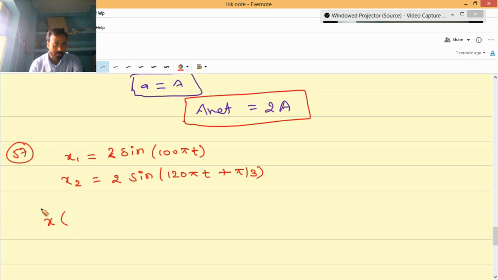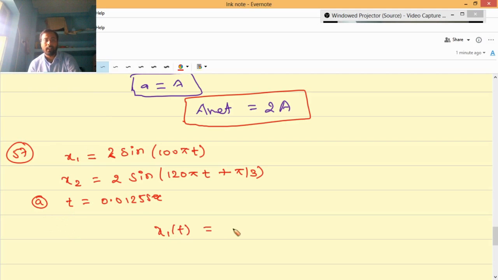For the first part, we have to find the displacement at time t equal to 0.0125 seconds. So let us evaluate this value here. By that time x1(t) we can write as 2 sine 100 pi into t.